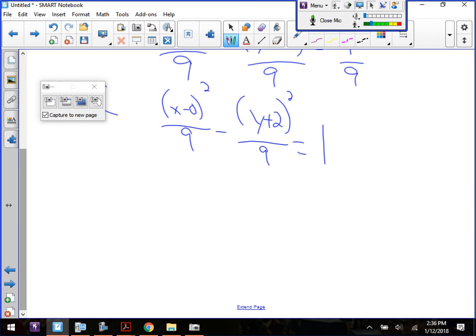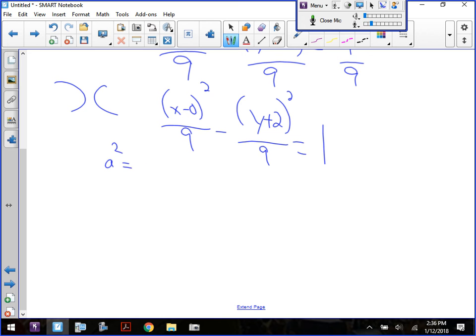And then it's a matter of, when you're working with these, if your a squared is 9, your b squared is 9, your c squared is 18, and then go from there. Working off of this one is really clean because you've got whole numbers. When you have a hyperbola, you add them.